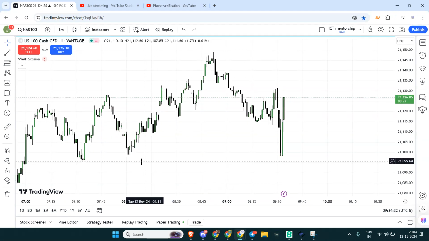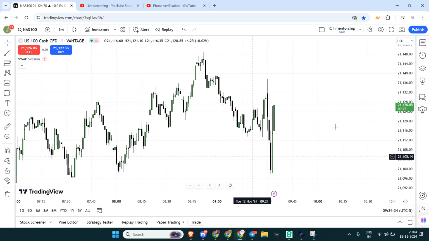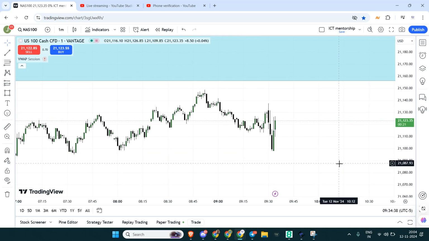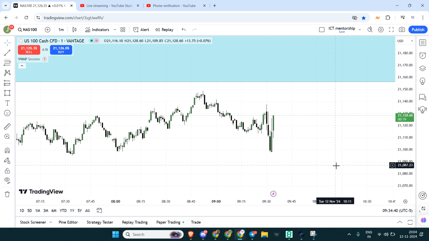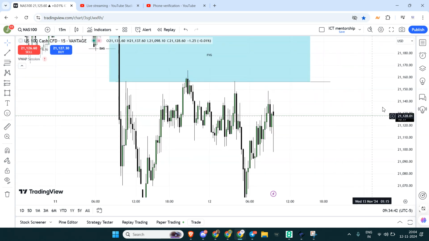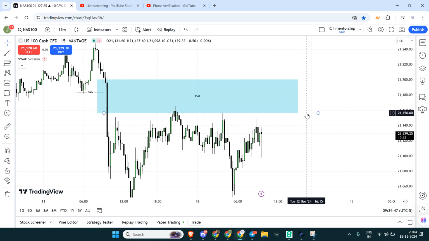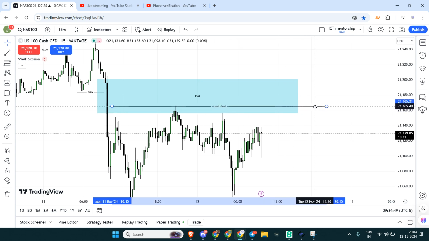Here also you can see a liquidity sweep, but my bias is bearish. Bias is also important. My bias is bearish, so I'll be looking for liquidity sweeps above, or price mitigating this FVG again, or I'll be looking at this swing high.